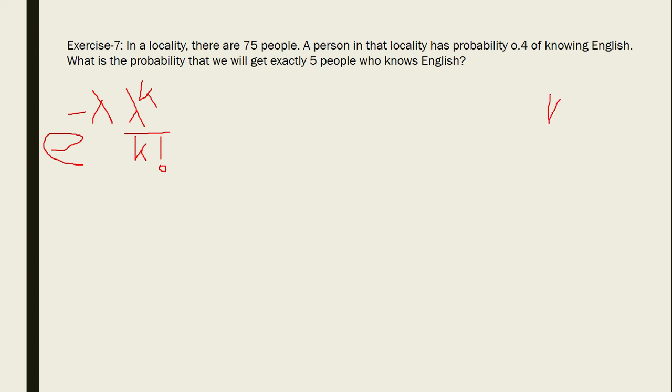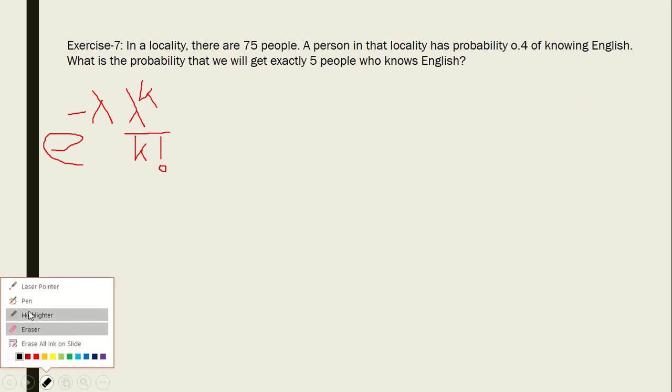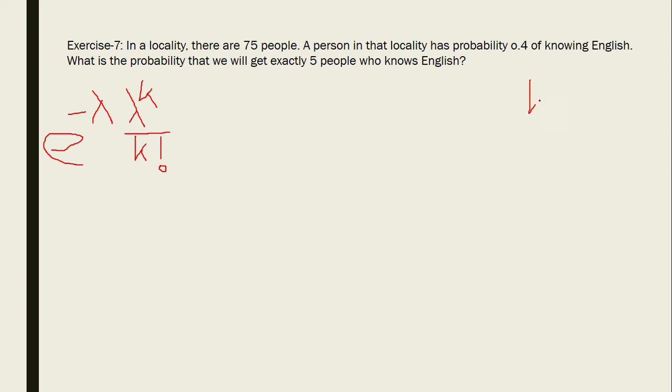We know that k is getting exactly 5, so k equal to 5. But we don't have the average or the mean, right? We don't know the value of lambda. So how do we find lambda from this question?